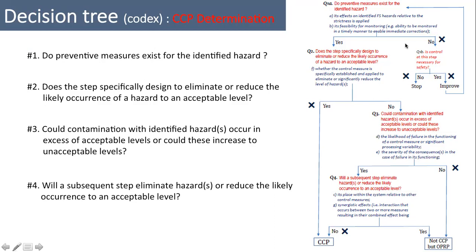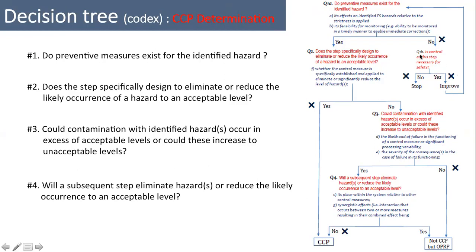Sometimes there may be some metal particles, also a hazard. Do preventive measures exist for the hazard? Do we have any preventive measures? Sometimes we have installed some magnets. Then the answer should be yes. If not, we have not used any preventive measures.